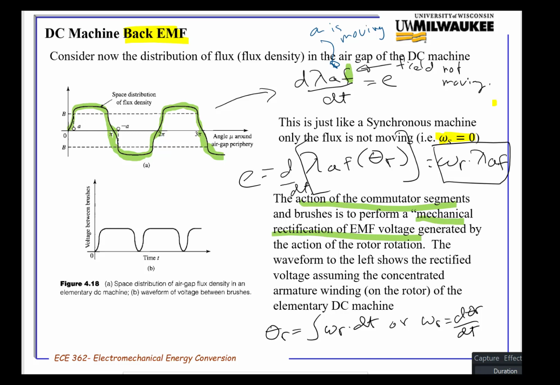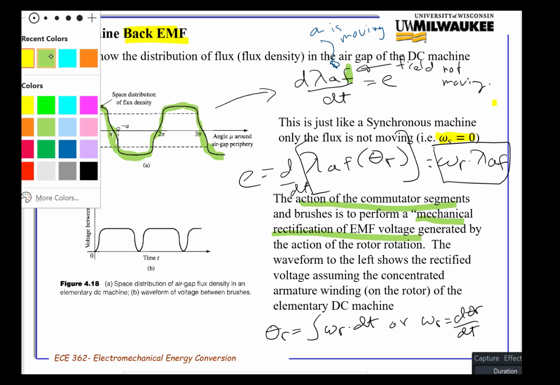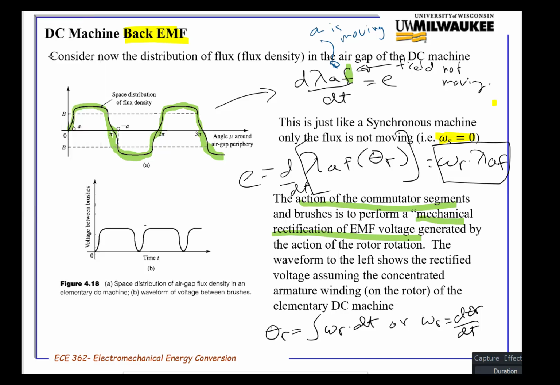And now the effect of the brushes and commutators is to do a rectification of that voltage. So this is what your voltage is going to look like. And it's a DC machine, right? So you want to have an average DC voltage as close to the peak as possible, so that you could utilize all of the flux.